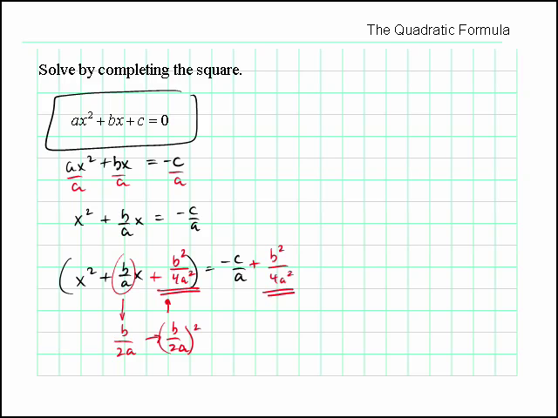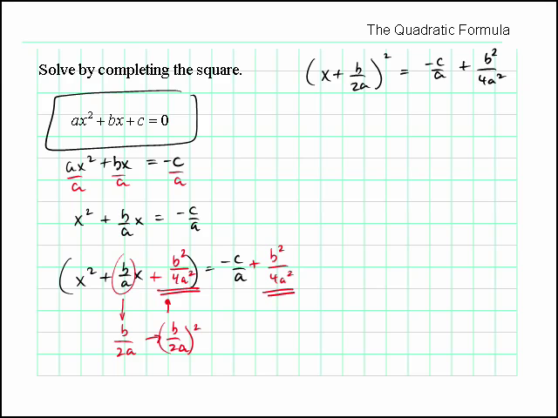The left side does factor to a perfect square. The left side becomes x plus b over 2a quantity squared. The right side, I need to get a common denominator to add these fractions together.